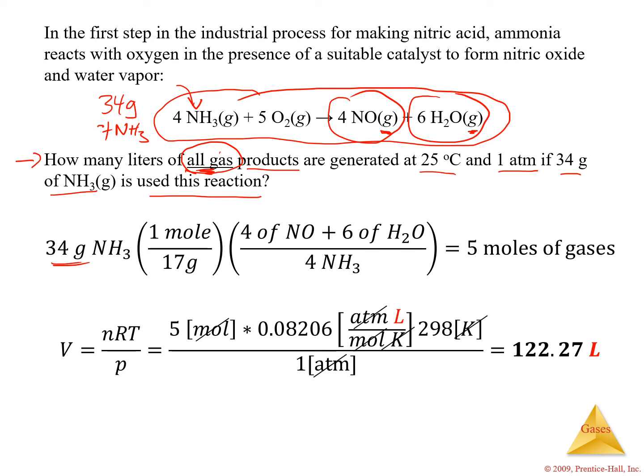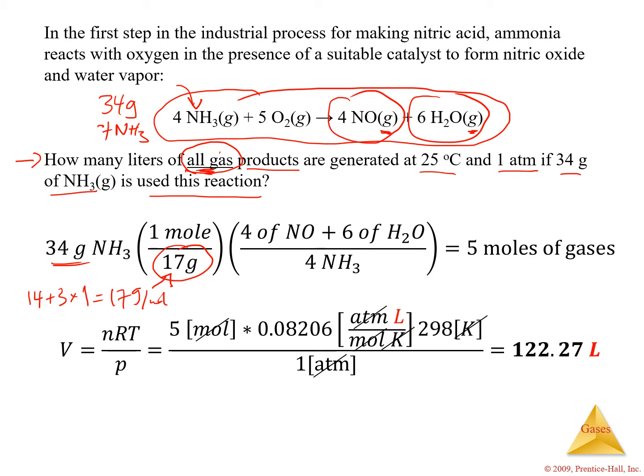Here it is: 34 grams of ammonia. I know that 1 mole of ammonia is 17 grams, because 14 for 1 nitrogen plus 3 times 1 for 3 hydrogens gives me 17 grams per mole. So that's where that number is coming from.